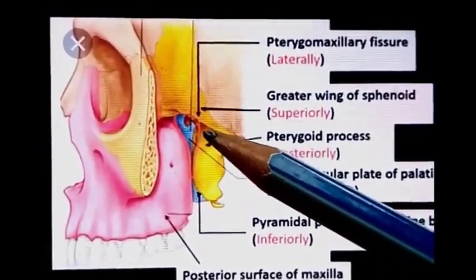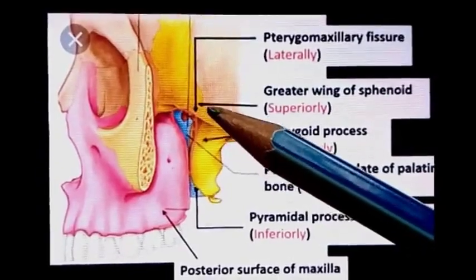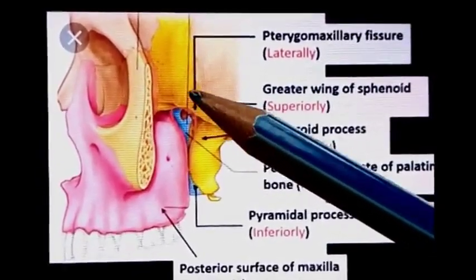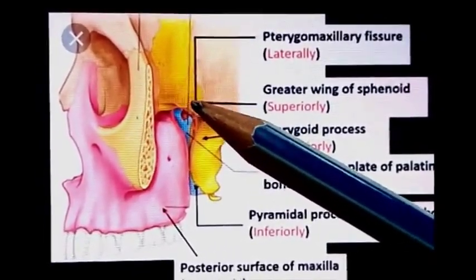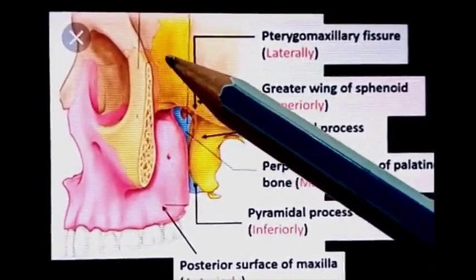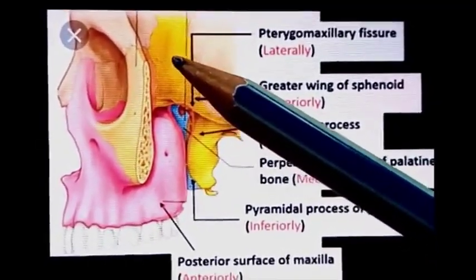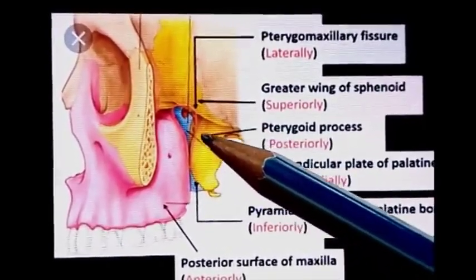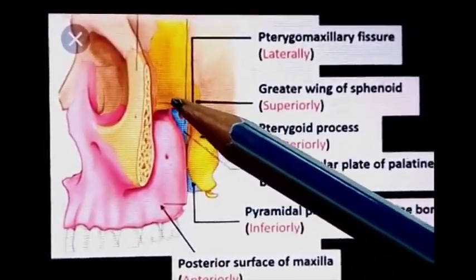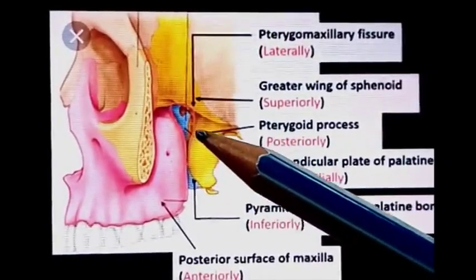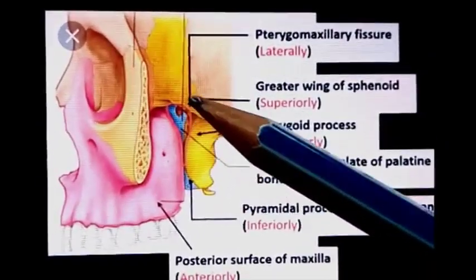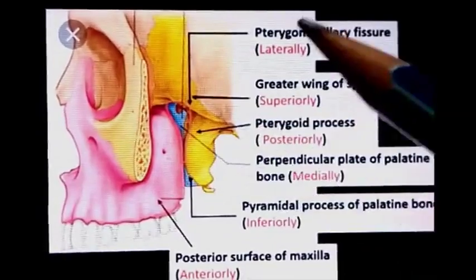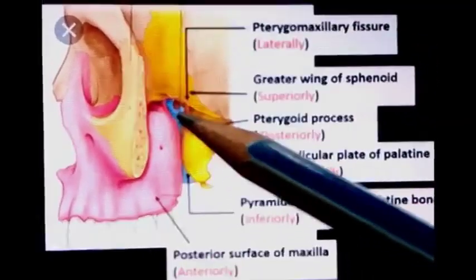And superiorly, it also joins with the anterior surface of greater wing of the sphenoid bone. So here we can see the greater wing of sphenoid bone. In combination with the root of the pterygoid process, it forms the posterior boundary of the fossa.